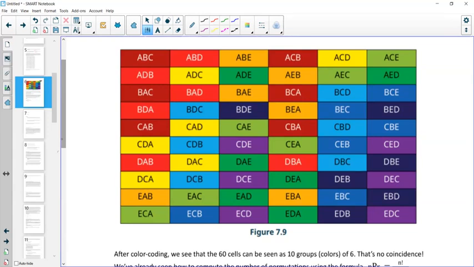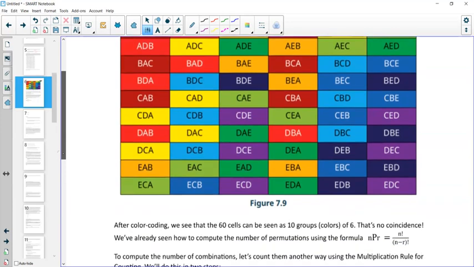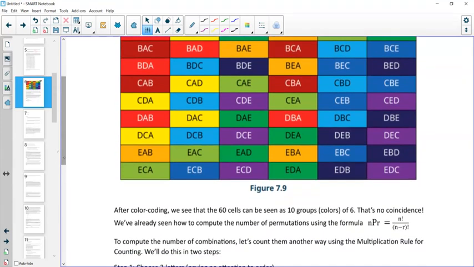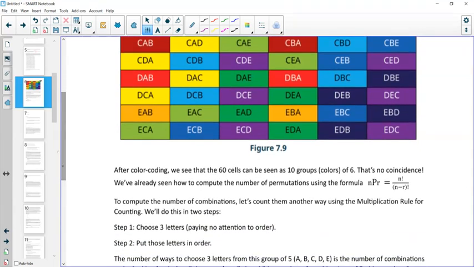As you can see, after color coding, we see that the 60 cells can be seen as 10 groups, each color of size 6. That's no coincidence. We've already seen how to compute the number of permutations using the formula n factorial over n minus r factorial. To compute the number of combinations, let's count them another way using the multiplication rule for counting.